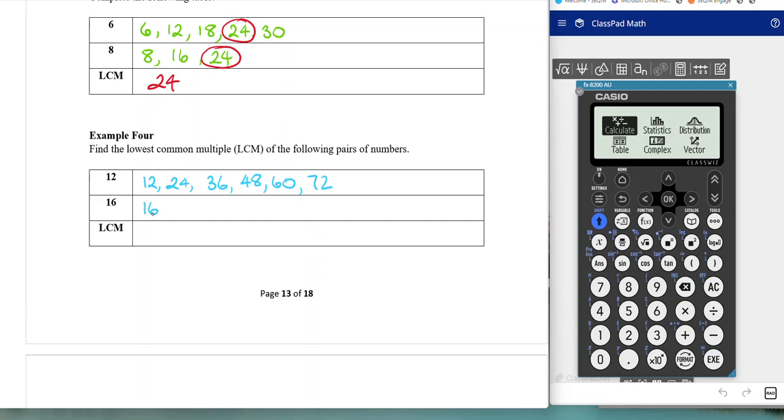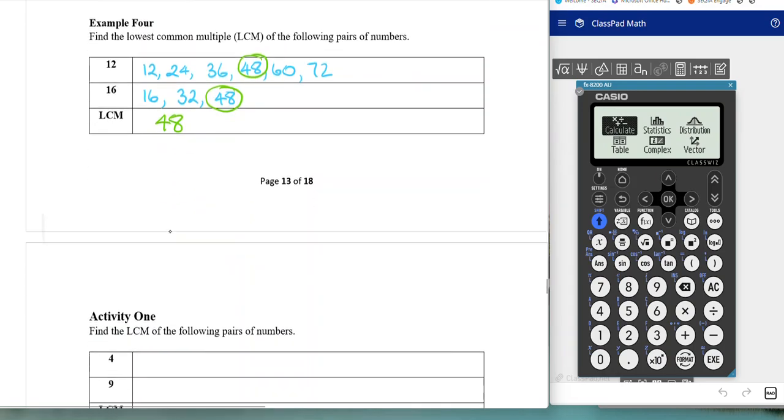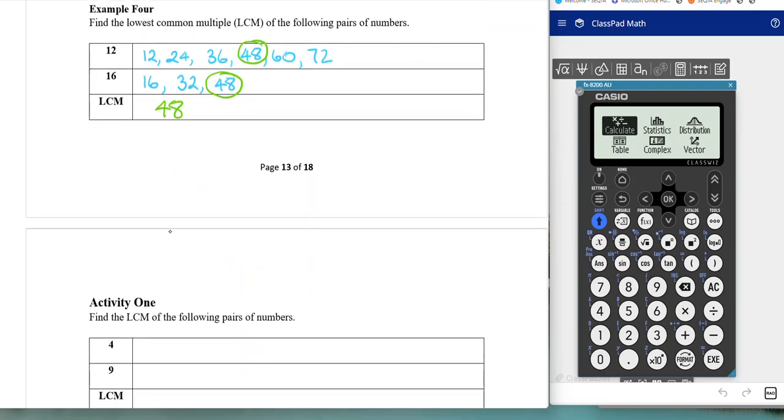So 16 is the first one. 16 plus 16 is 32. Add another 16, 48. And we've found it. Look, 48 and 48. All right, your turn.